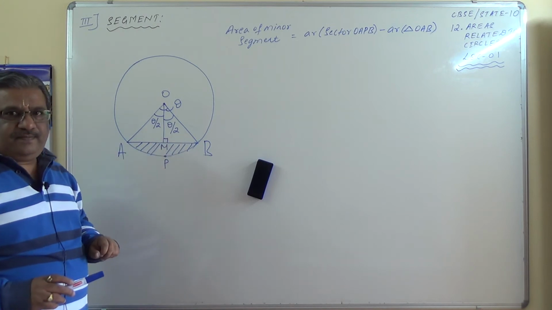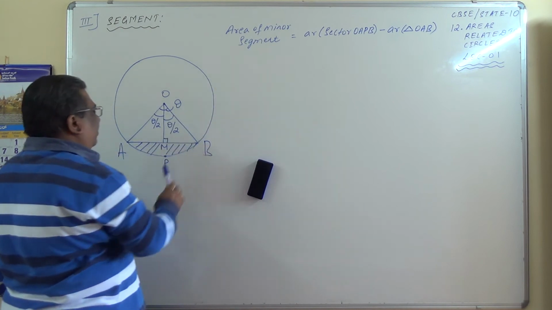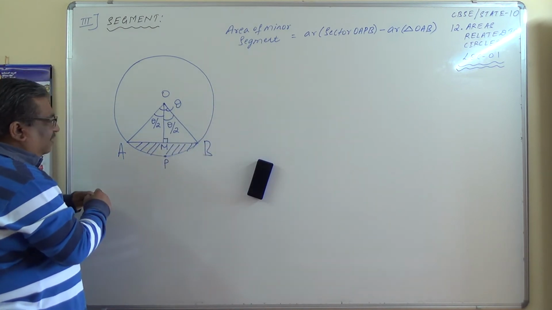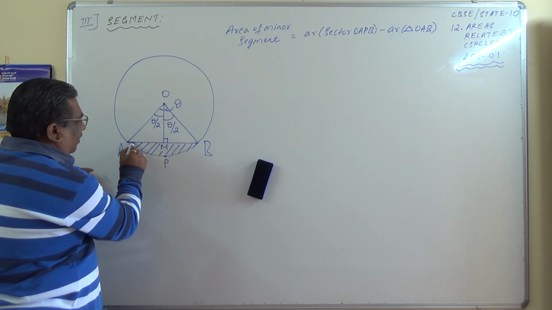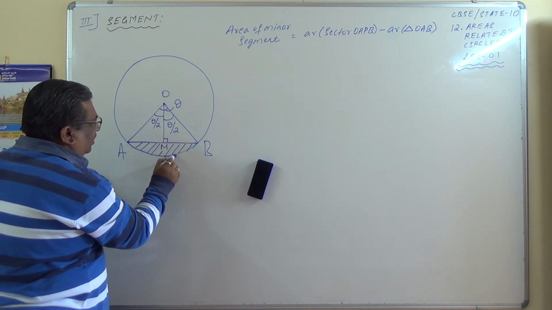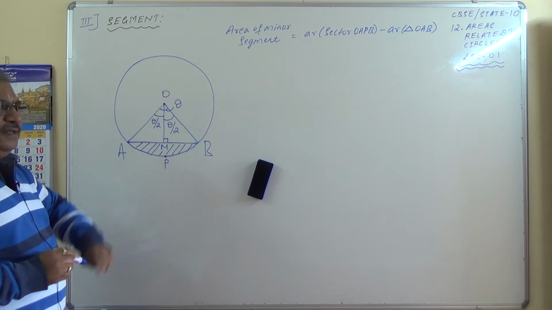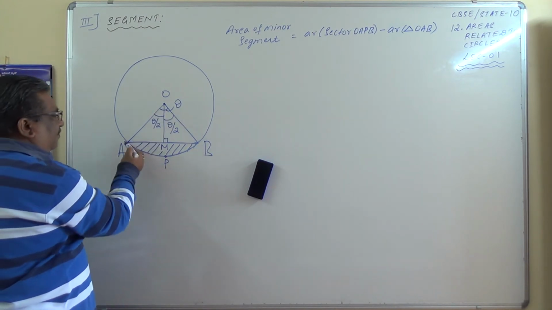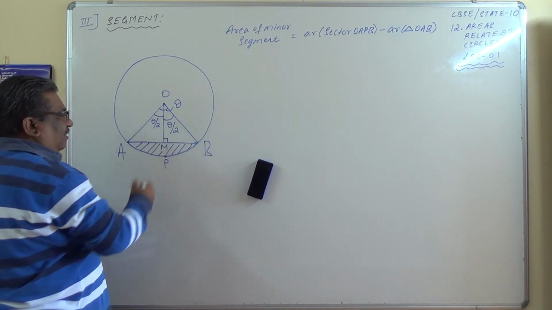Now next, area of the minor segment. What is that minor segment? This hashed portion, or shaded region, is the minor segment, and this is the major. So the area of this minor segment is area of the minor sector minus area of the triangle.